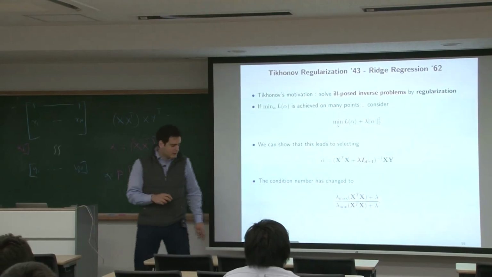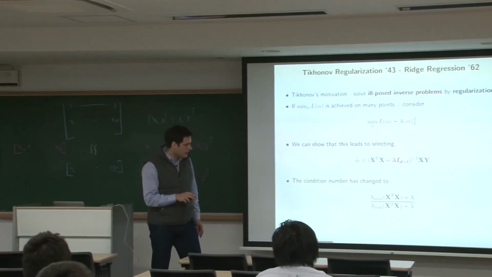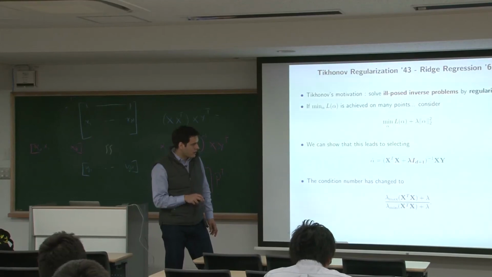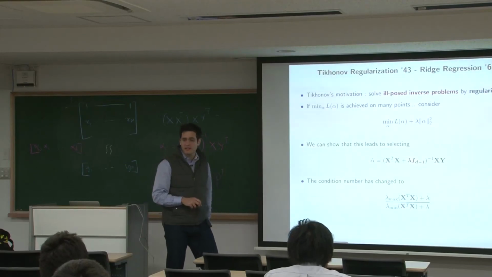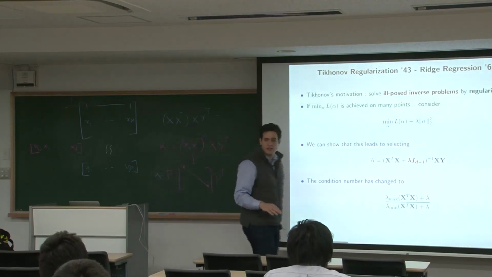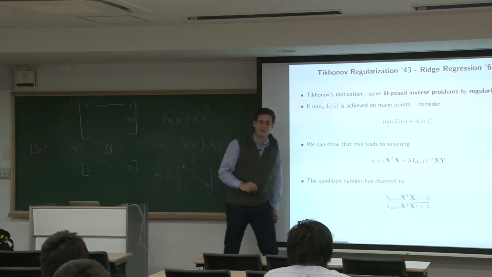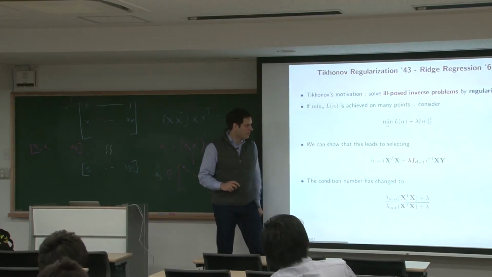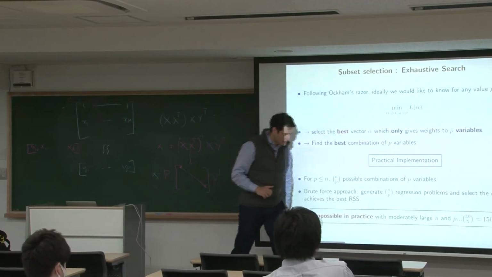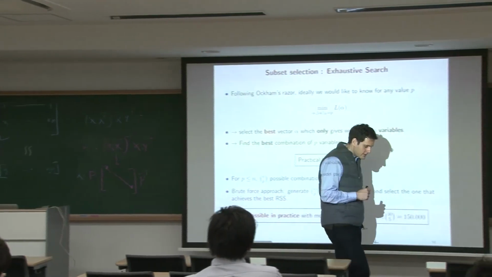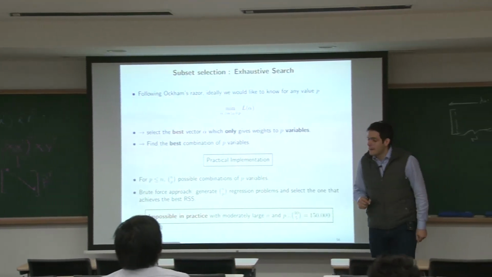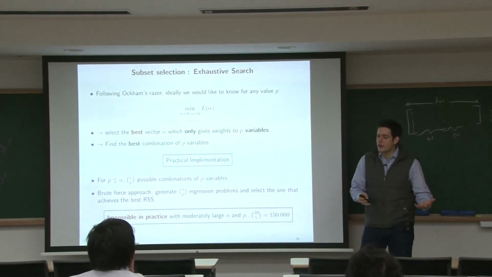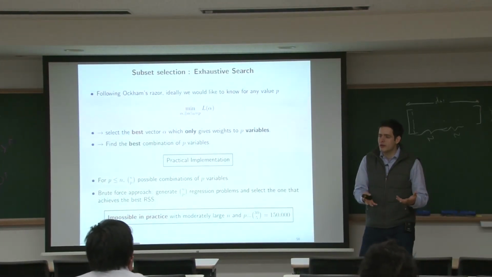And in practice, what this changes is the condition number of this matrix, which is lambda max plus lambda on one side and lambda min plus lambda on the other. So usually this decreases the condition number a lot. This is really important, but we don't have the time to go into details. It's more important to look at this. So this was a regularization approach to make the problem numerically more stable.